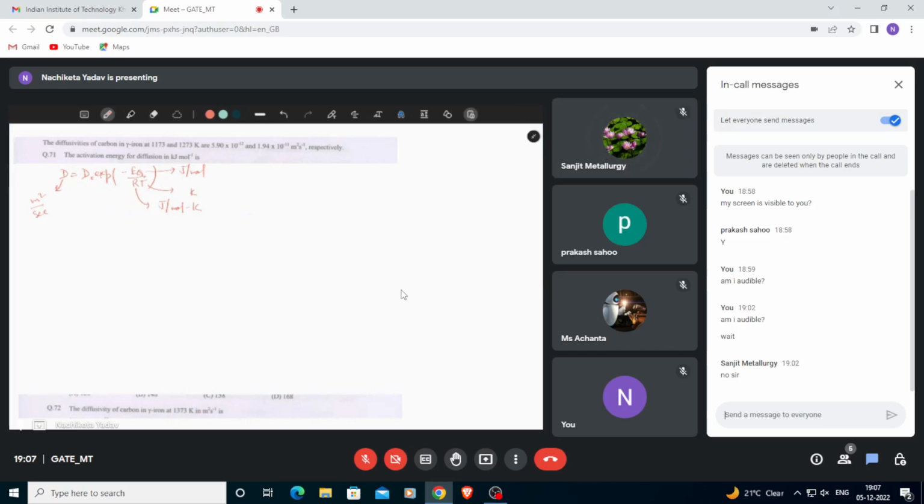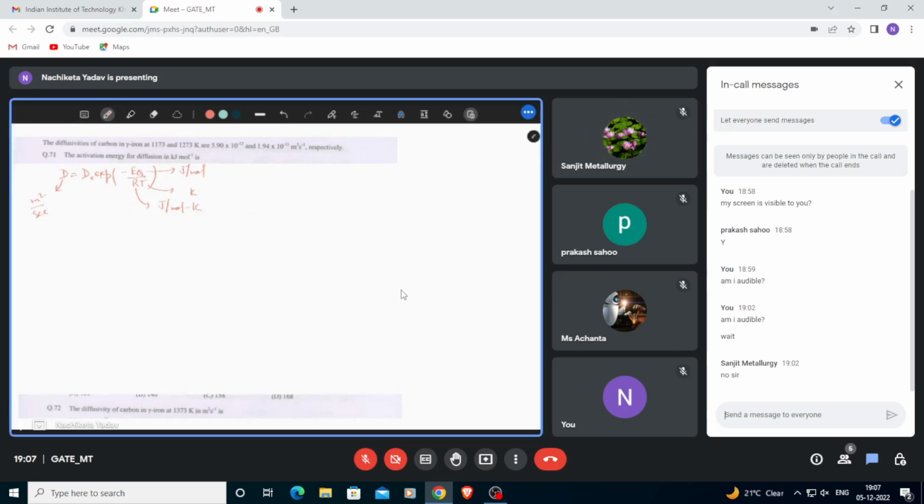Prakash and Achanta, please try. Here what will we do? The diffusivity of carbon in gamma iron at 1173 and 1273 Kelvin are given.